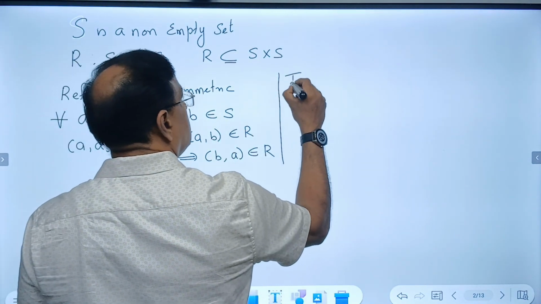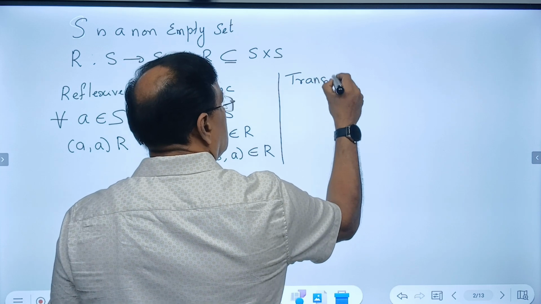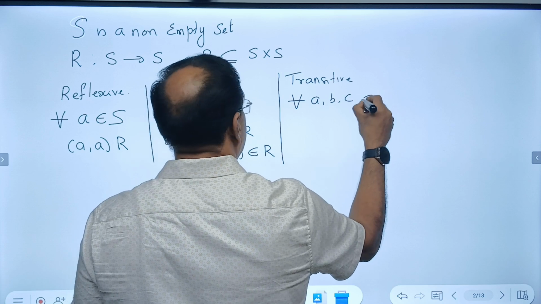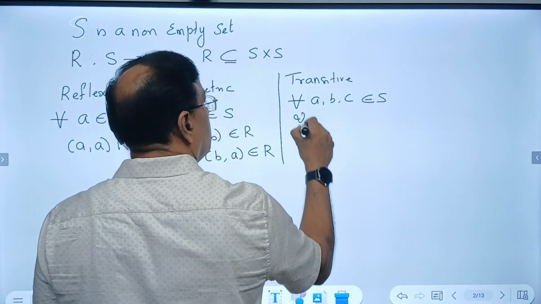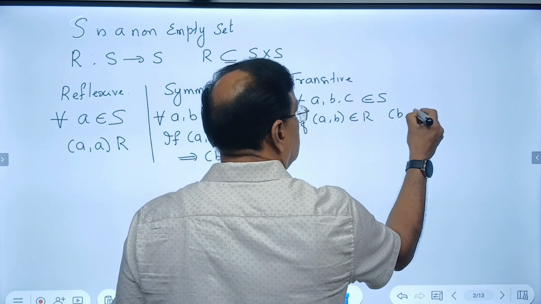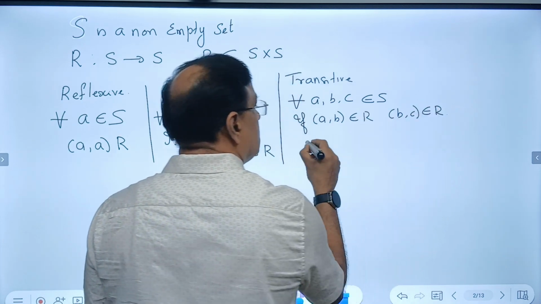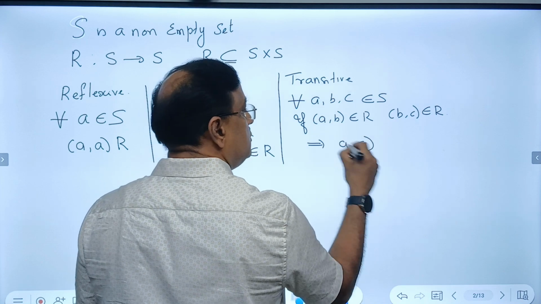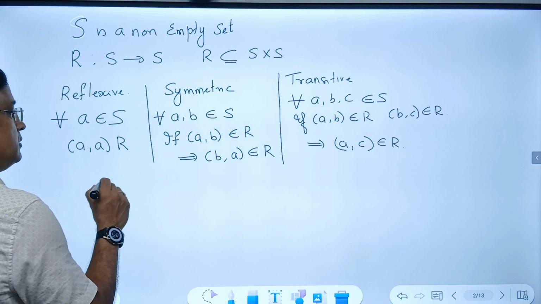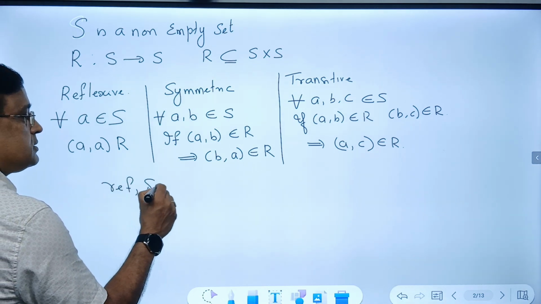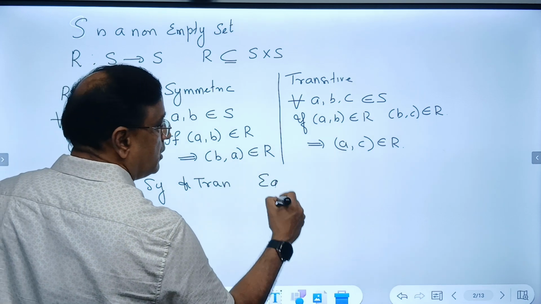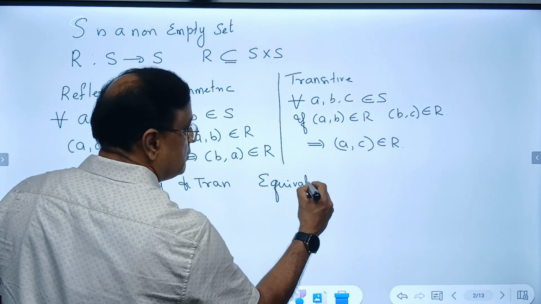What is transitive? Transitive will be, you take three elements here, A, B and C belonging to S. If A is related to B and B is related to C, then you can conclude that A is related to C. And if the relation is reflexive, symmetric and transitive, such a relation is called an equivalence relation.